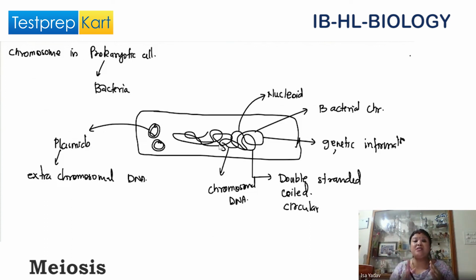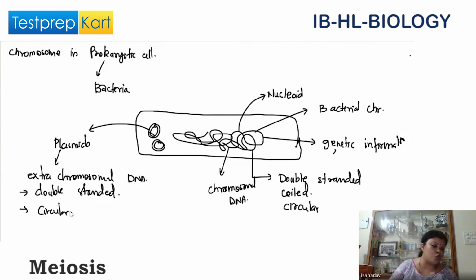But the plasmid is independent. It is not dependent on the bacteria dividing. Whether the bacteria divides or not, the plasmid will divide. Plasmids are double-stranded, circular, extrachromosomal DNA.